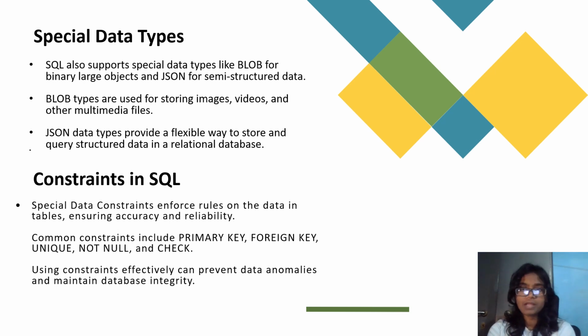As you can see, I'm making this video, which will be stored in a BLOB because this video is in video format. JSON data types provide a flexible way to store and query structured data in a relational database.